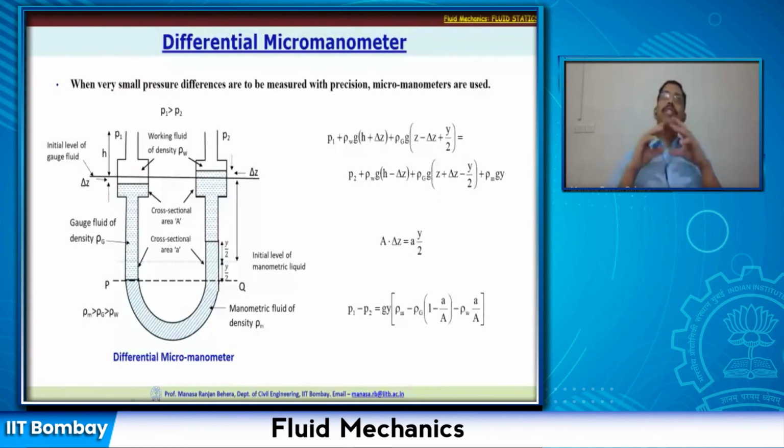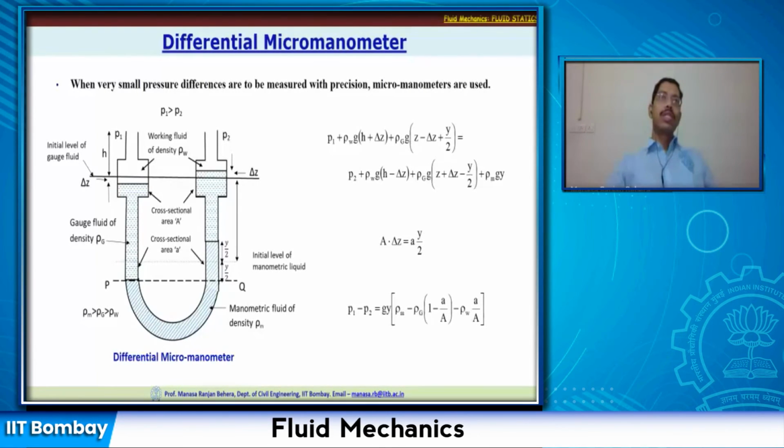Similarly, to measure very small pressure differences with more precision, there are instruments called differential micromanometers. If you look at differential micromanometers, you have two different types of chambers, and this is a U-tube manometer.